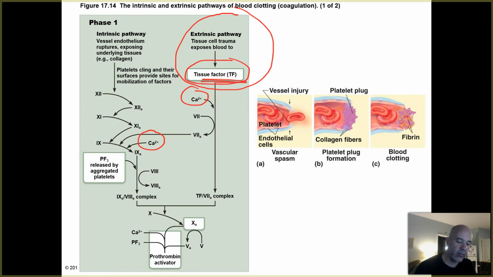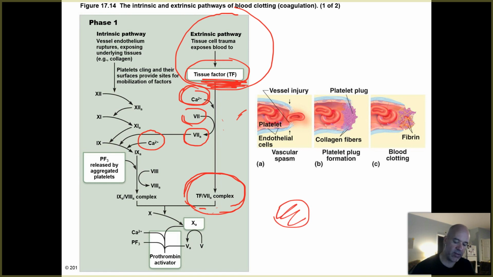Tissue factor, when it's released from injured tissue cells, if you have calcium available, triggers factor 7 to become activated factor 7. So this basically functions as an enzyme that activates factor 7. And then that forms a tissue factor-activated factor 7 complex. They form a complex with each other.